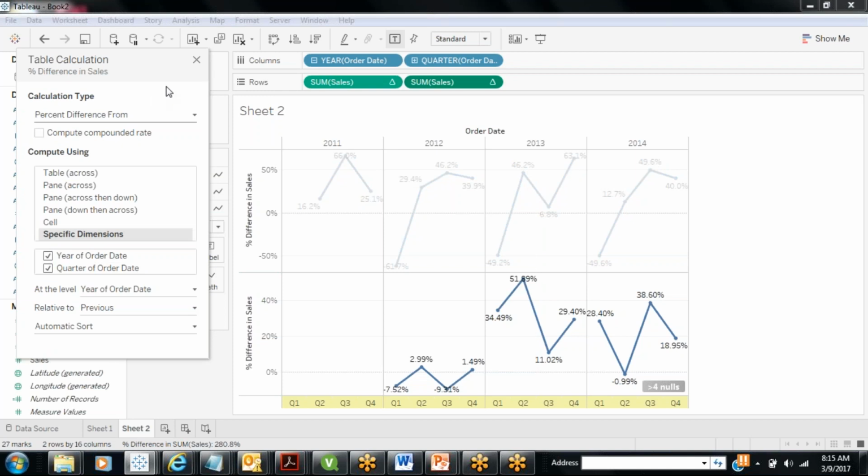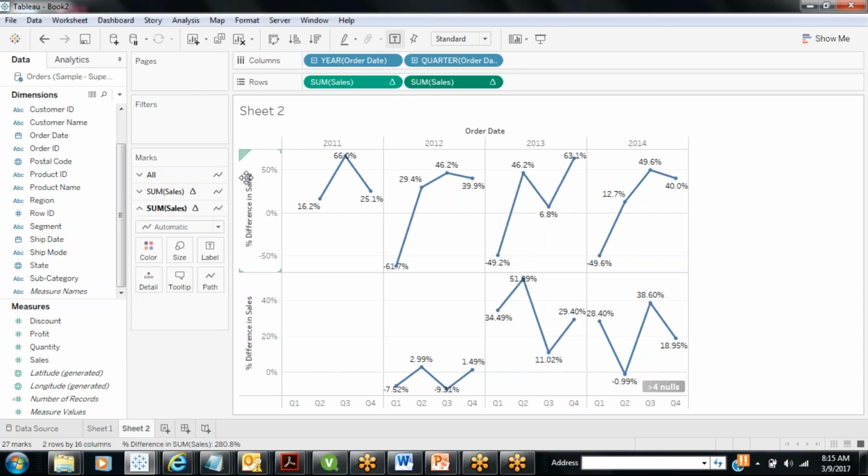So that is the difference: though the formula is the same for percent difference and year over year growth, you will have the partitioning and addressing, meaning it is internally restarting by year and quarter. So that is the quick table calculation I told you about yesterday.